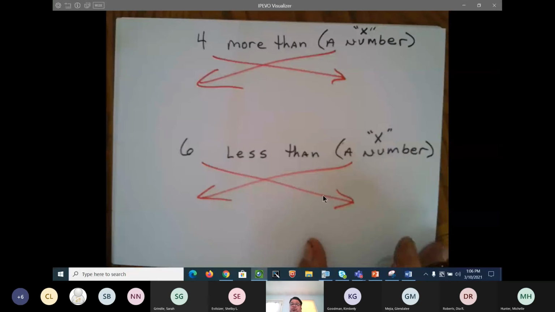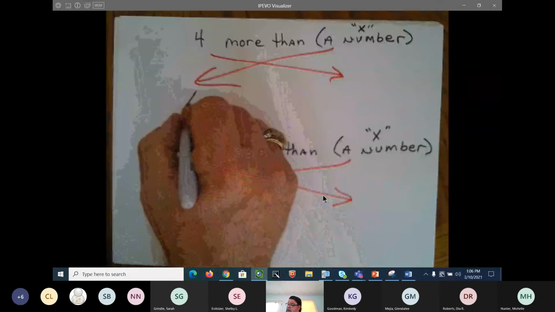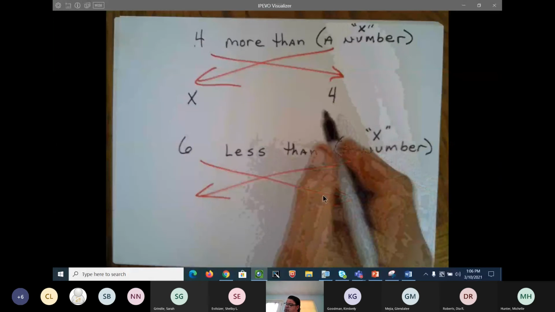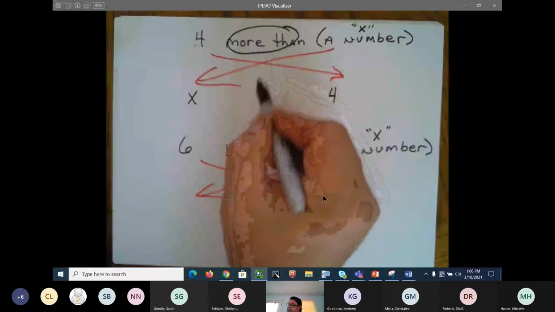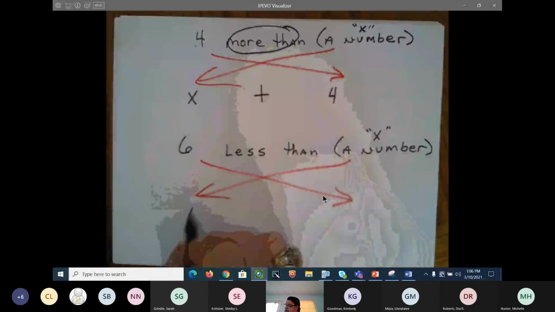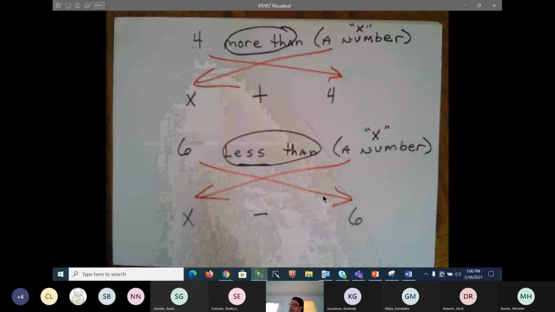And now I'm going to crisscross, so that X is going to be right here, and that 4 is going to be right here, and more than means what? Plus. Number X and 6, and less than means minus.